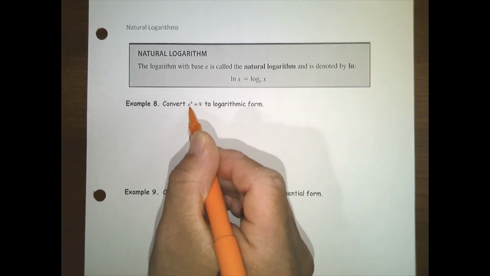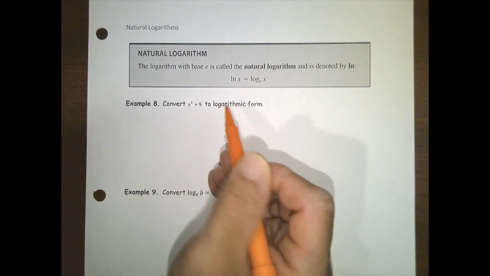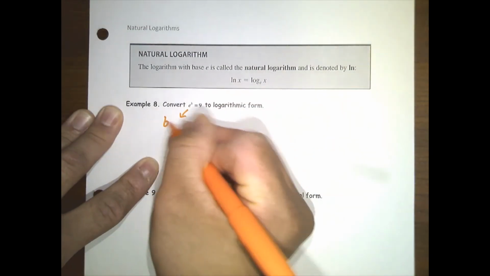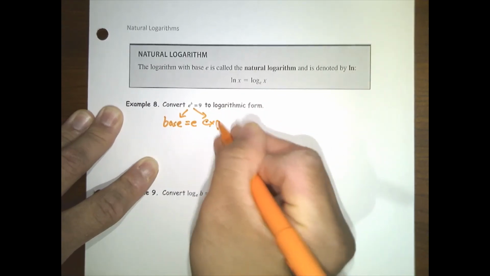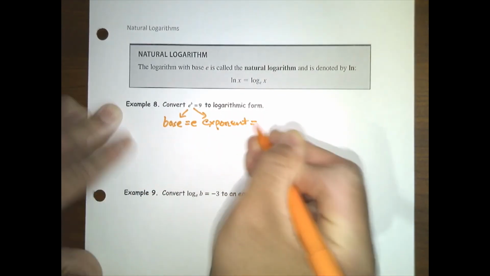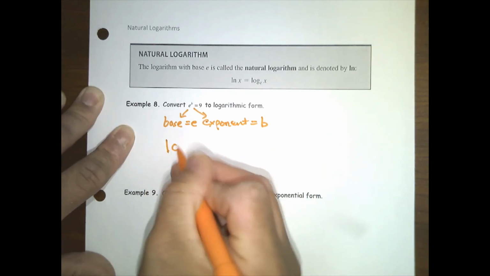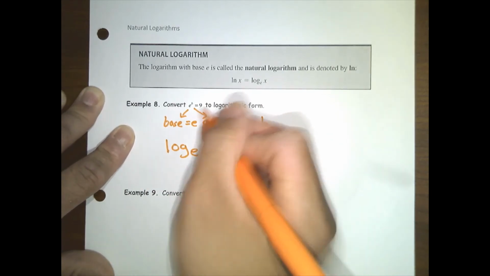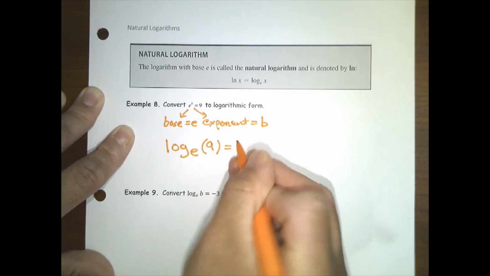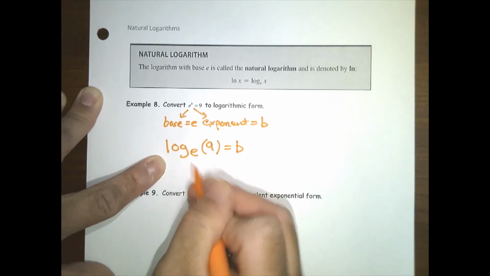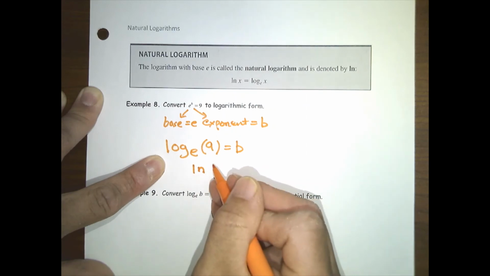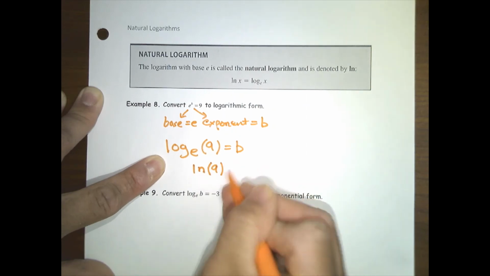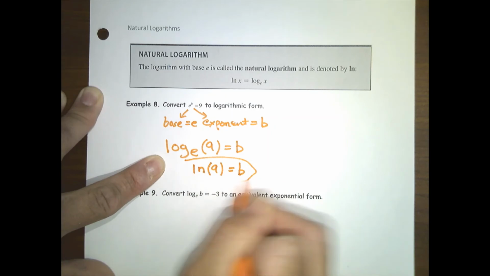Convert e to the b power equals 9 to logarithmic form. The base is e, the exponent is b. So we have log base e of 9 is equal to b, but instead of log base e, I'm just going to write natural log, or ln. So ln of 9 is equal to b.